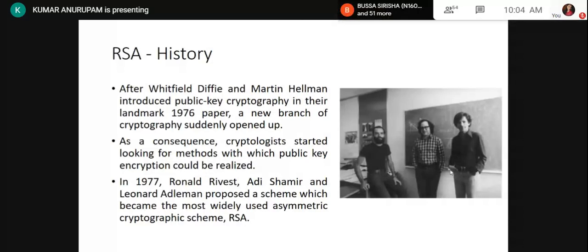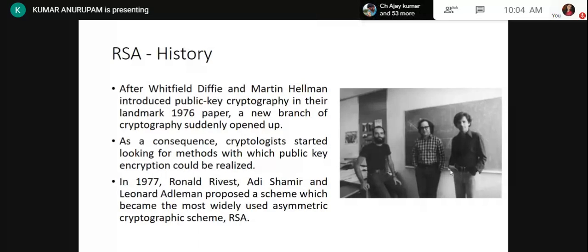Those purposes can be for encryption or for key exchange or for different ways. So they started looking at public key to get some good answers regarding some common problems related to cryptography.